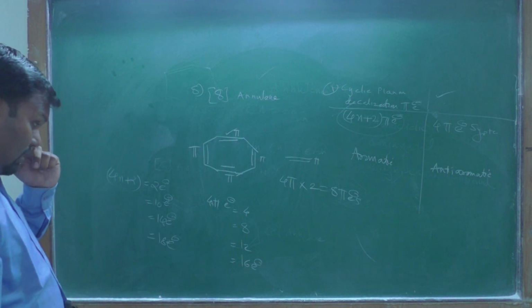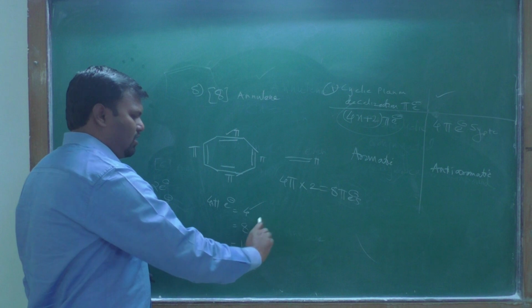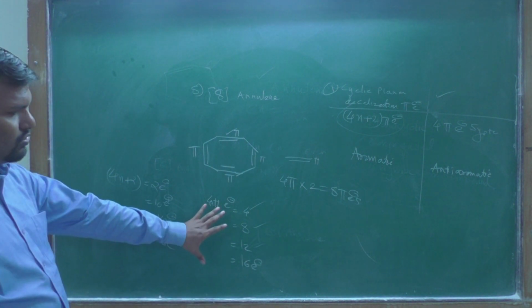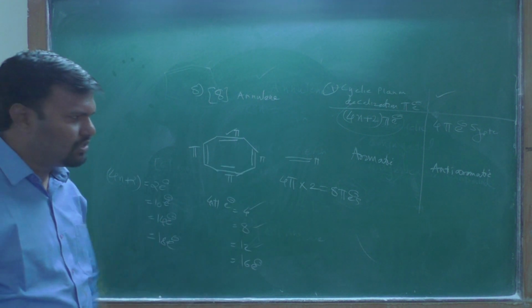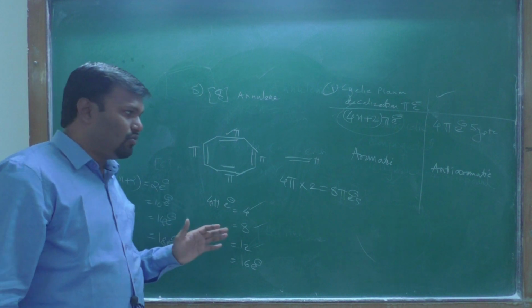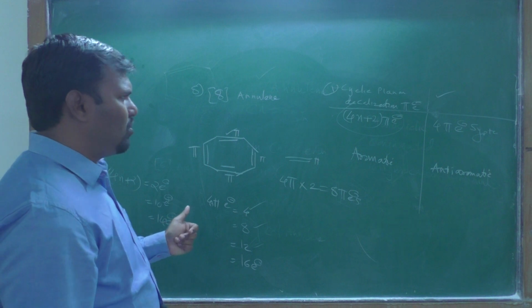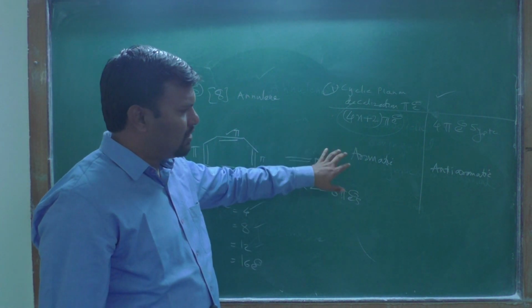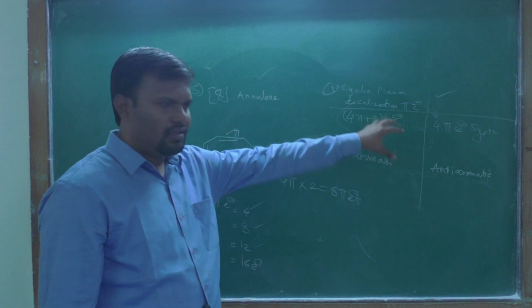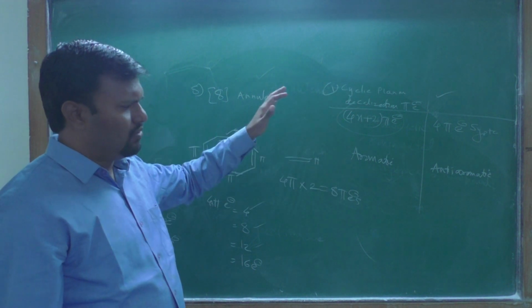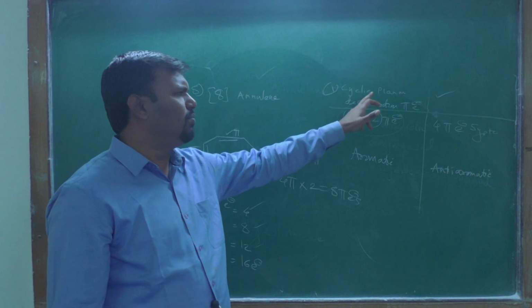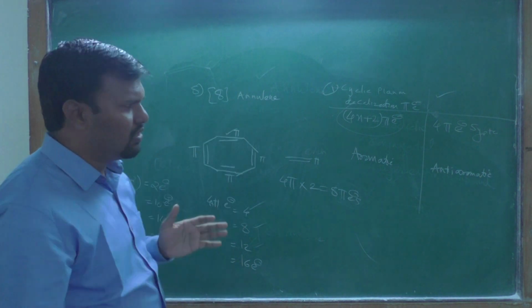All these pi electron systems come under anti-aromatic compounds, but the first condition should be obeyed by the molecule: in both aromatic and anti-aromatic compounds it should be cyclic, planar, with delocalization of pi electrons.